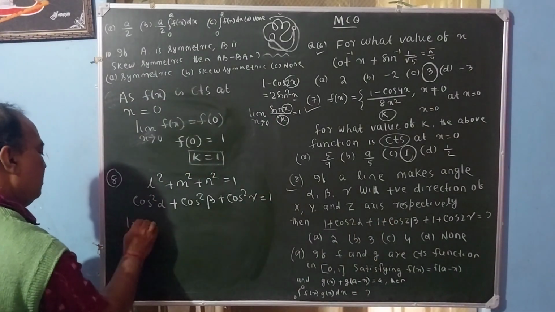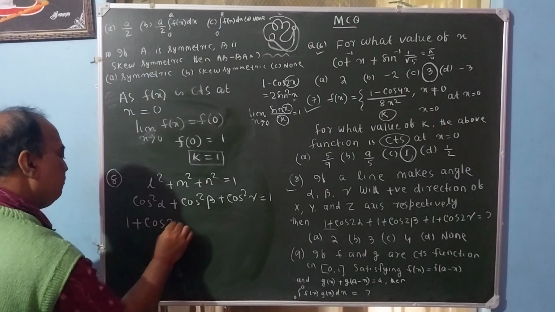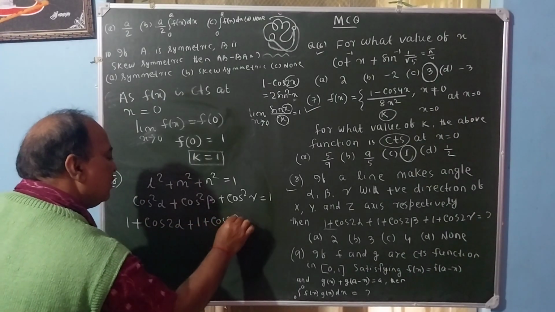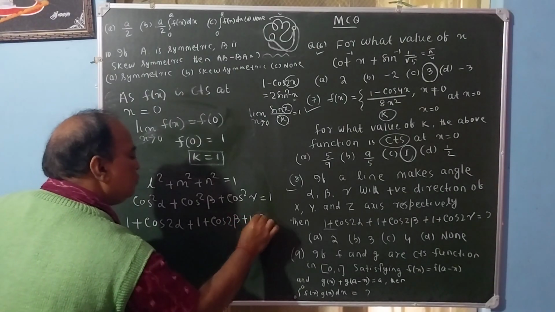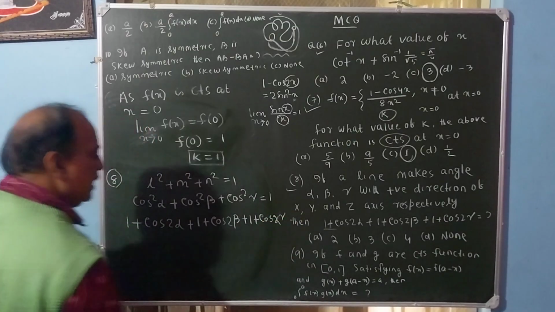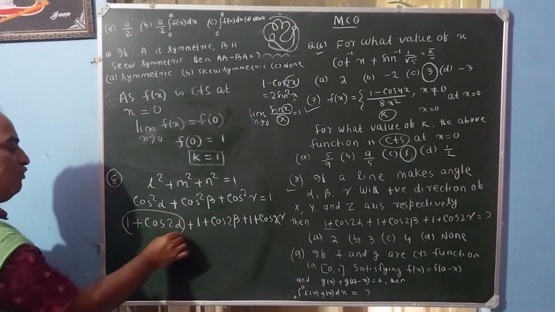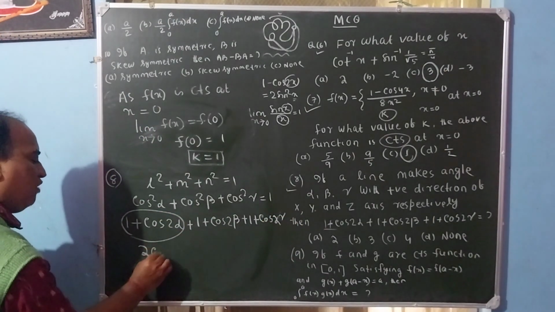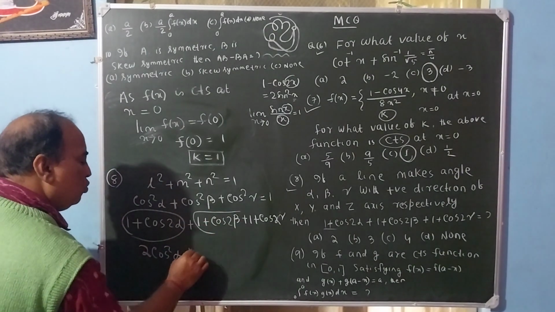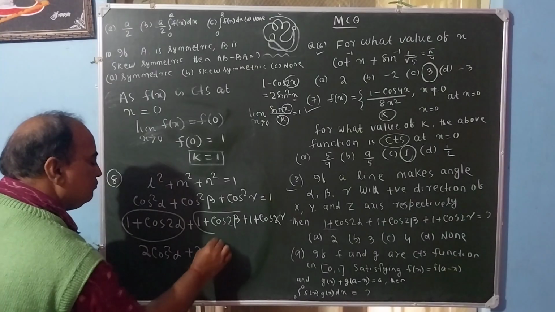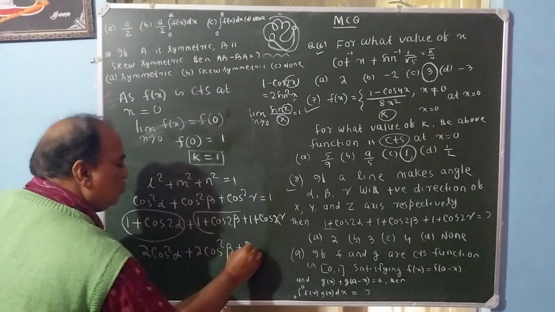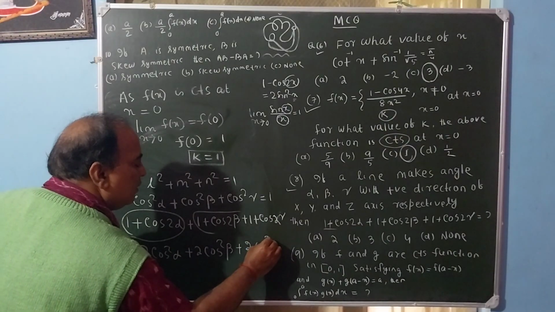Write down 1 plus cos 2 alpha, 1 plus cos 2 beta, 1 plus cos 2 gamma. Okay? We know 1 plus cos 2 alpha is equal to 2 cos square alpha, 1 plus cos 2 beta is 2 cos square beta, 1 plus cos 2 gamma is 2 cos square gamma.